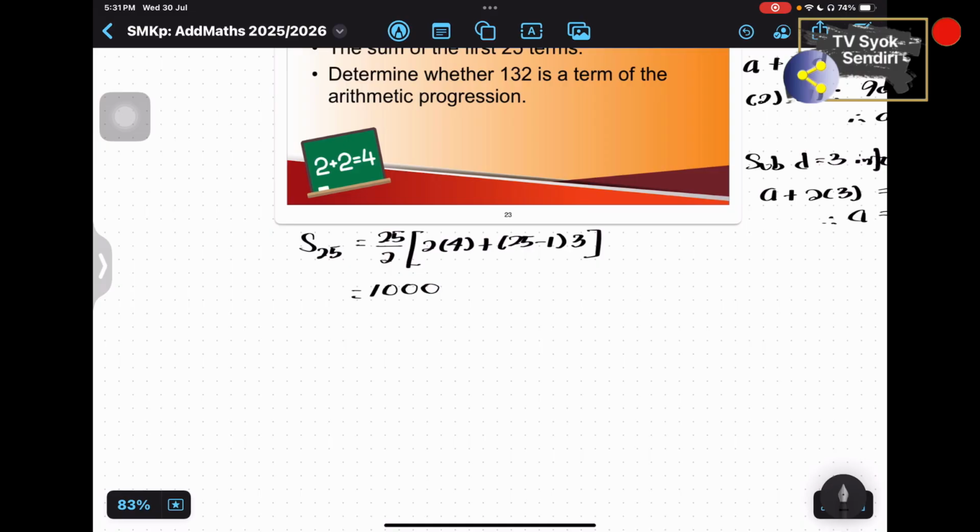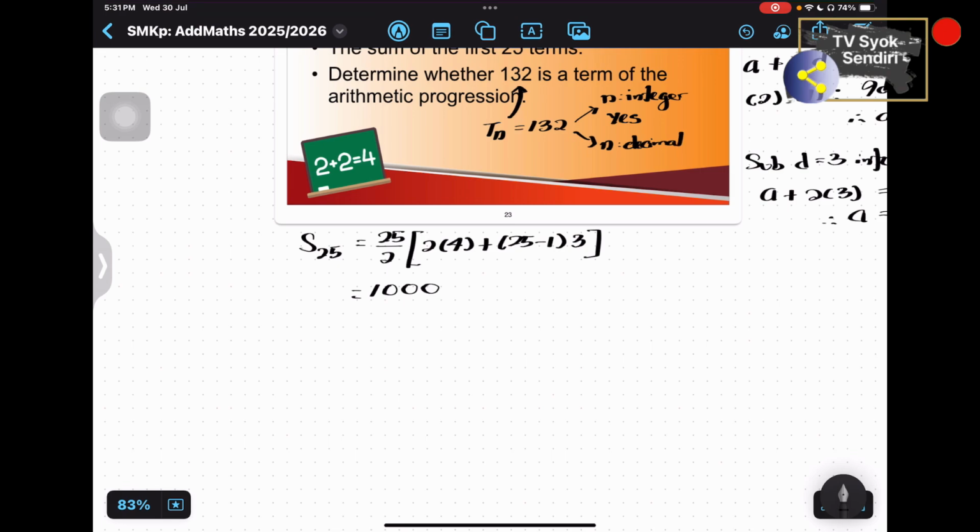Okay, so this one is very easy. You just go and find the n, because I don't know what the n is, right? So Tn is equal to 132 now. Obviously the answer is going to have two cases. If our n is an integer, then the answer is yes, it's a term of the arithmetic progression.